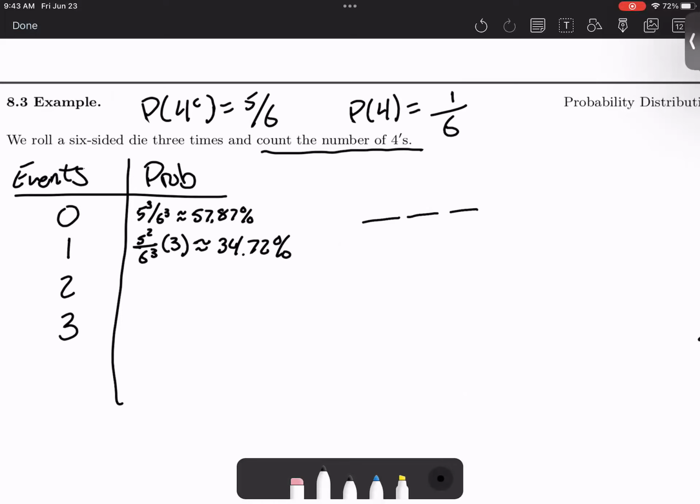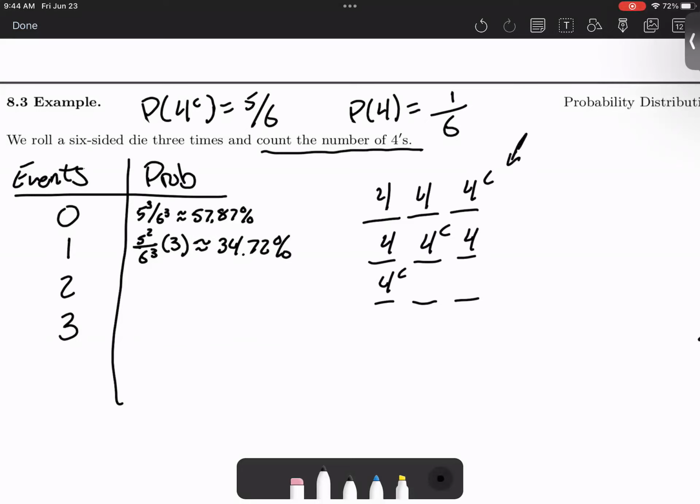If I'm putting 2 4s in 3 rolls, it could be here, here. Oops, they're not 2s. They're 4s. So maybe a 4, a 4, and then not a 4. Or maybe a 4, not a 4, and then a 4. Or maybe not a 4, and then two 4s.